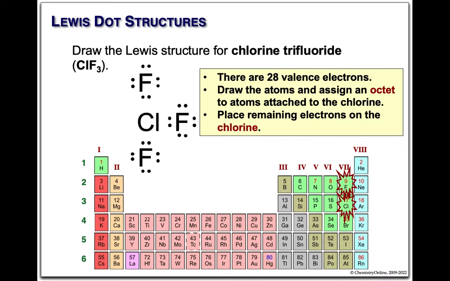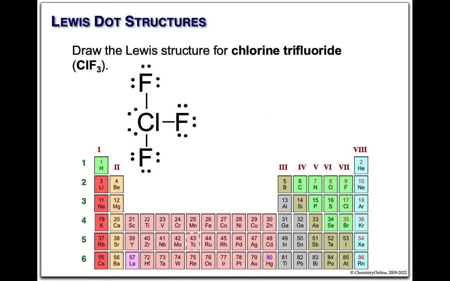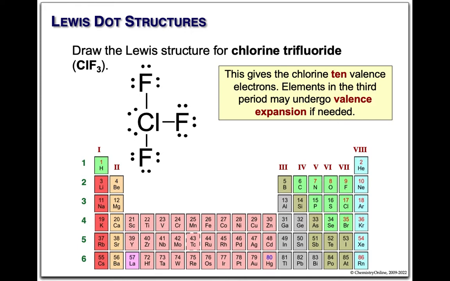We have 28. We have 4 electrons left over. Put them on the chlorine. Let's make our dashes. Again, this is valence expansion because chlorine, the central atom, is in the 3rd period.